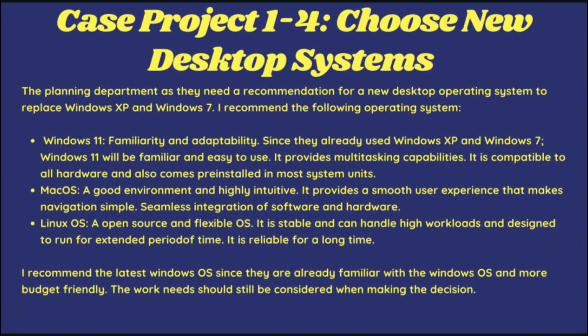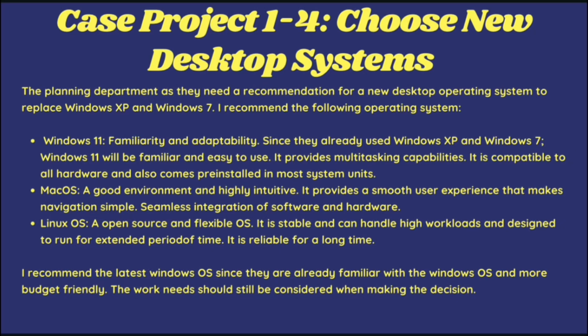Choose a new desktop system. The planning department needs a recommendation for a new desktop operating system to replace Windows XP and Windows 7. I recommend the following operating systems. Windows 11, for familiarity and adaptability: since they already use Windows XP and Windows 7, Windows 11 will be familiar and easy to use. macOS, a good environment and highly intuitive.